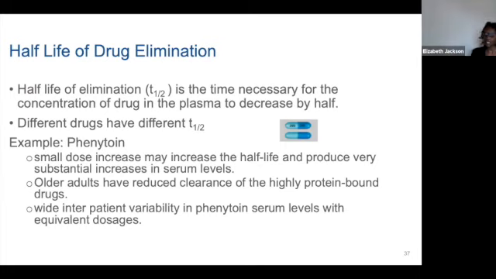Older adults, we have to keep in mind, have reduced clearance of highly protein-bound drugs. There's wide interpatient variability in phenytoin serum levels with equivalent doses. So this is a drug, again, that must be carefully monitored, especially in the elderly. Next slide, please.